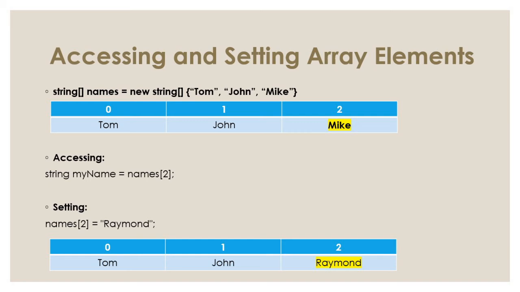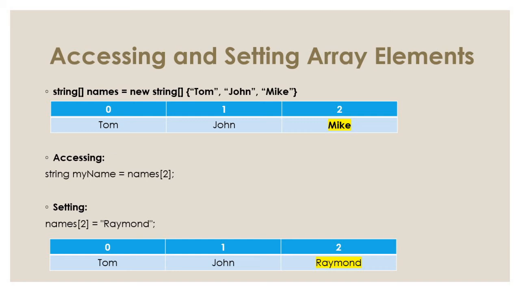Accessing the data within an array is instantaneous, and all we need to do is type the array name with brackets around the index. So if we type string myName equals names and then the brackets around 2, it's going to set the value of that string myName to Mike.